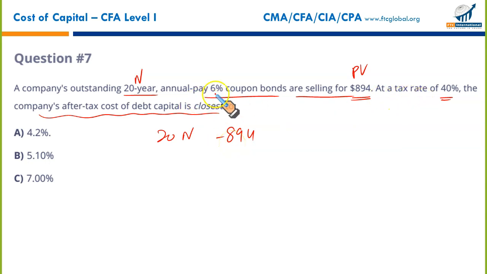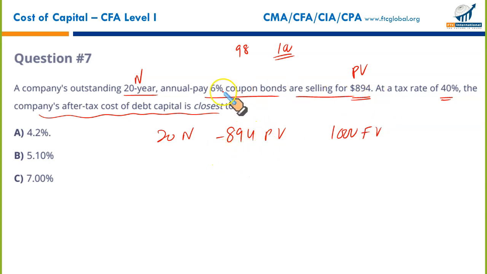The face value, or the future value of the bond, is 1000. 894 means the par is $1000. If it had been 98, it means the par is $100. So $1000 is FV, PV is negative 894, and what else?